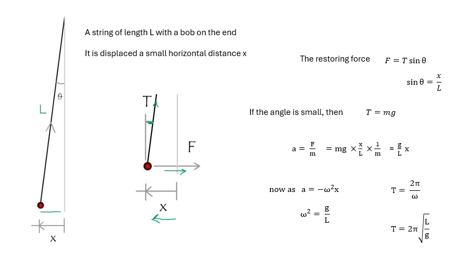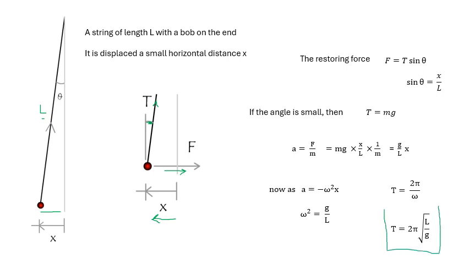If the angle theta is small, then T is equal to mg, the tension is just mg. Then a equals F over m, which gives minus g over L times x. Now as a is minus omega squared x, omega squared is g over L, T is 2 pi over omega, so there you go.